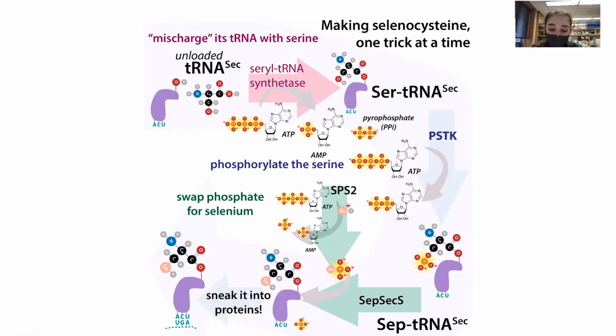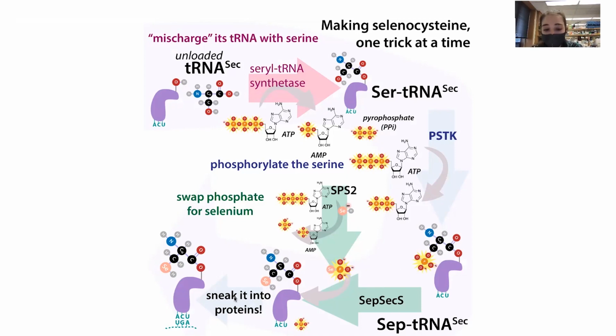But here we're making these modifications pre-translationally, before we even put the amino acid into the chain. By making this a higher energy, easier to break bond, we're going to make this more attacky, and so we can swap out the selenium.